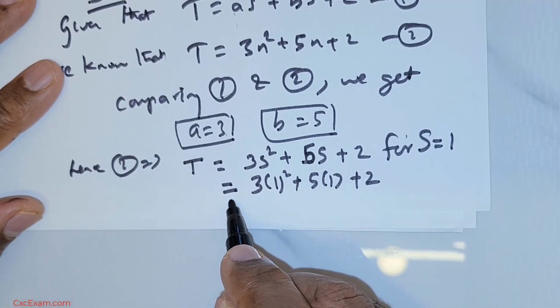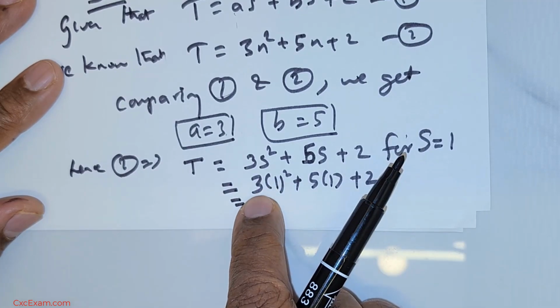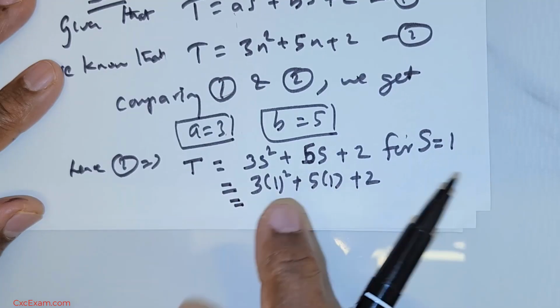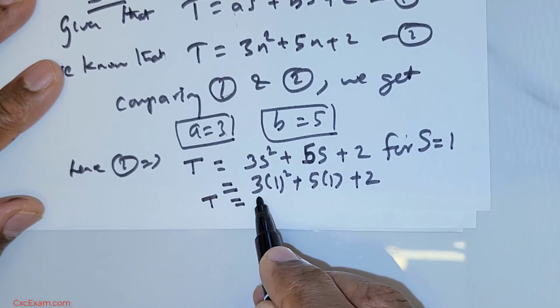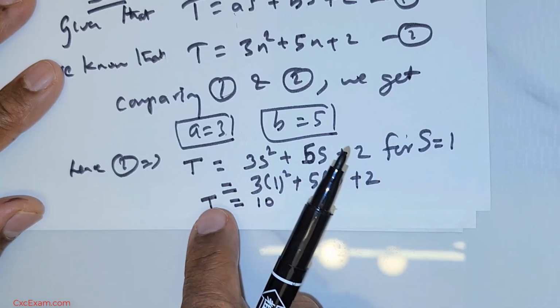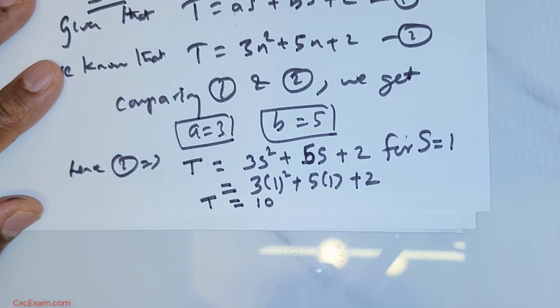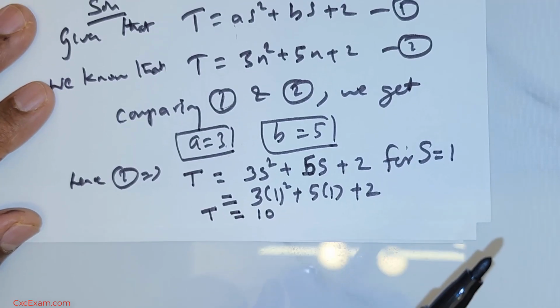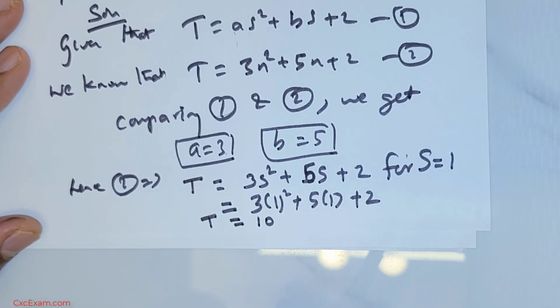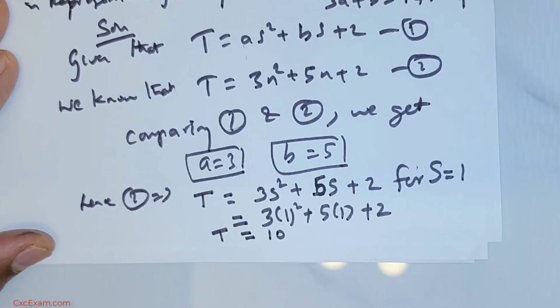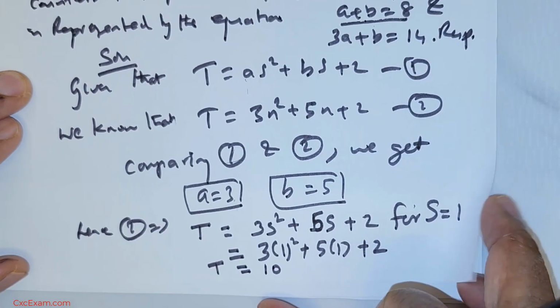So this is going to be 3 added with 5 added with 2. So we're getting t is equal to 10 for s is equal to 1. That is not the end of the question. We need one more step.